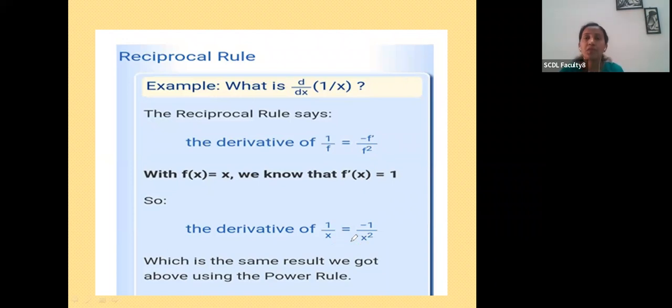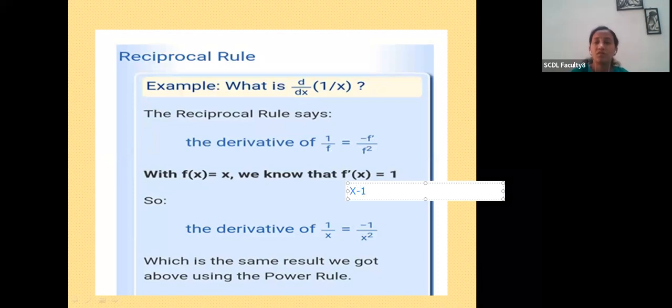Like this way you have to go with the reciprocal rule, which gives the same result we get using the power rule also. In this power rule, how do you go? You can write x raised to minus 1.